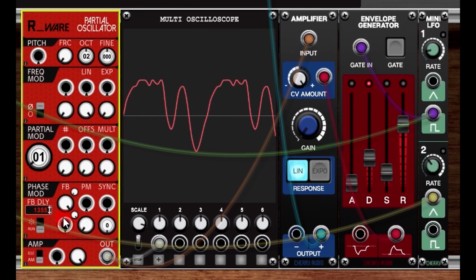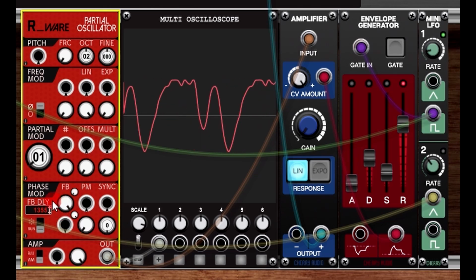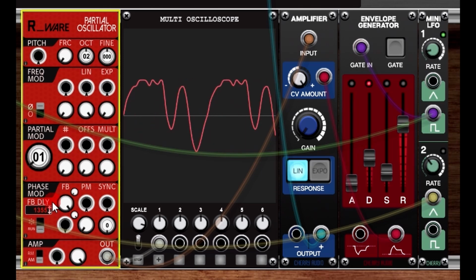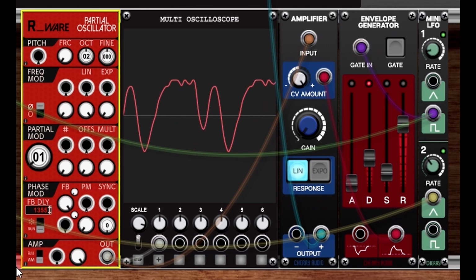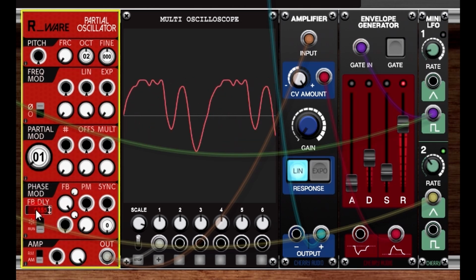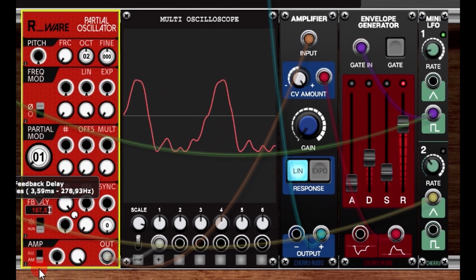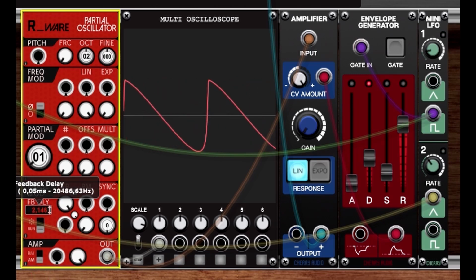So we have feedback delay, and it reaches from 0.04 milliseconds, which is no audible delay at all, up to a maximum of 61.2 milliseconds, which generates an echo-like, sometimes a little bit watery sound. Let me do so. You see this window here. Going down, 0.04 milliseconds.